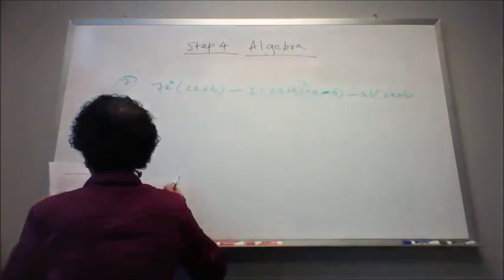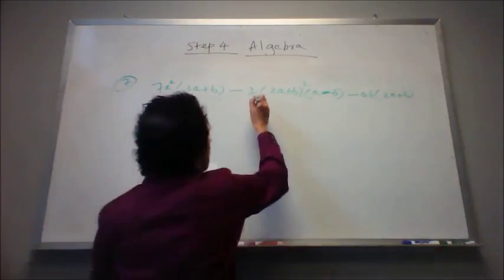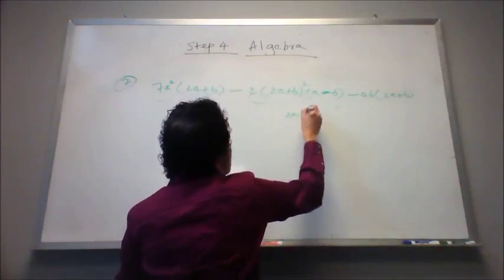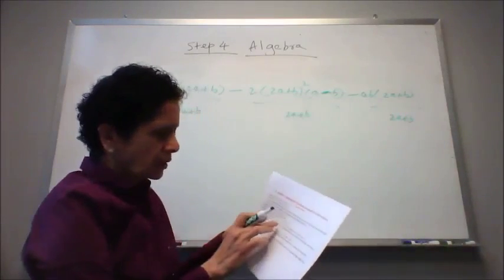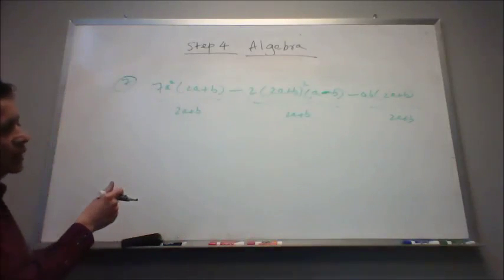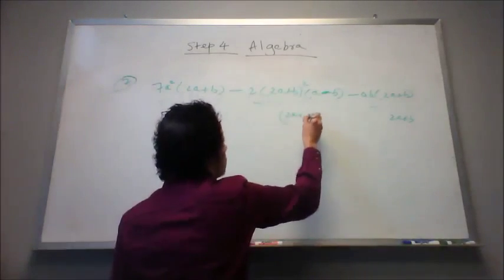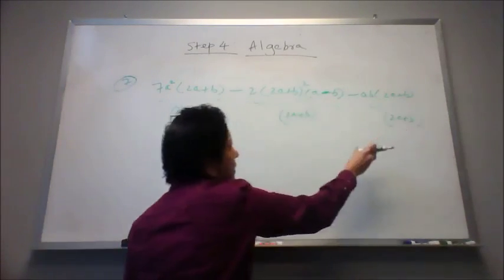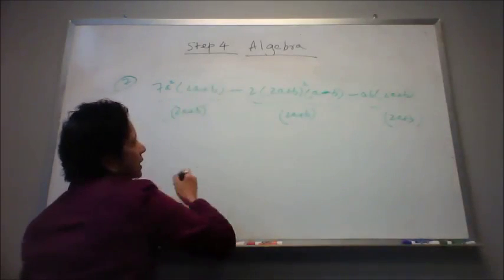On the bottom, you have 2a plus b for each term. So the rational expression is the whole thing divided by 2a plus b, just like in the previous problem we did. It's easier to write the divisor under each term like this, so that you can cancel the common factors just like that.